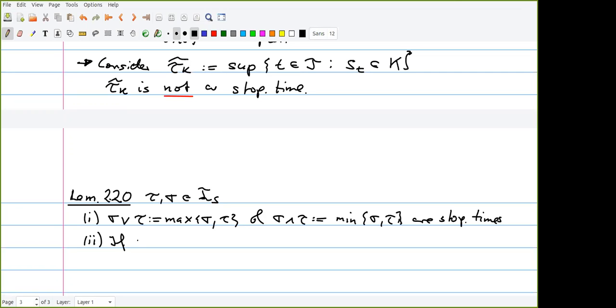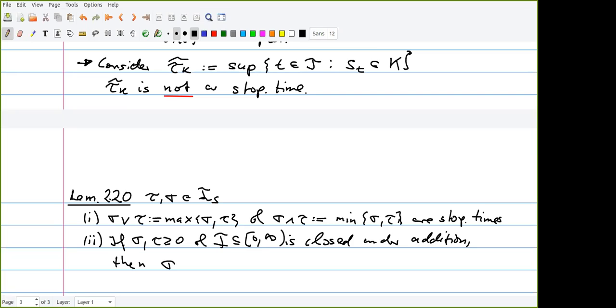Now, if sigma and tau are non-negative, and our index set has to be stable under addition, so closed under addition, then if we take the sum of two stopping times, it is again a stopping time.